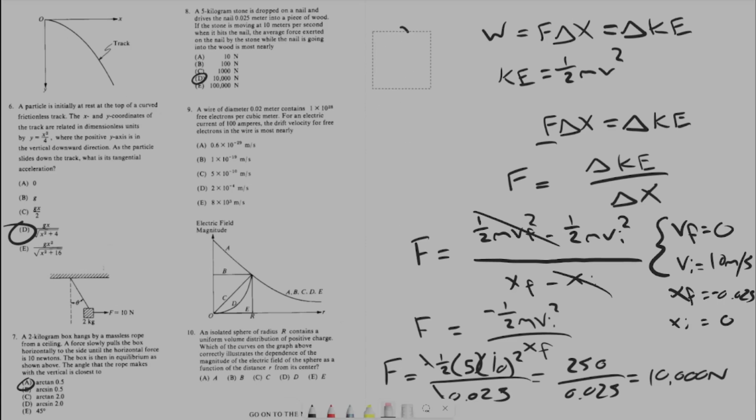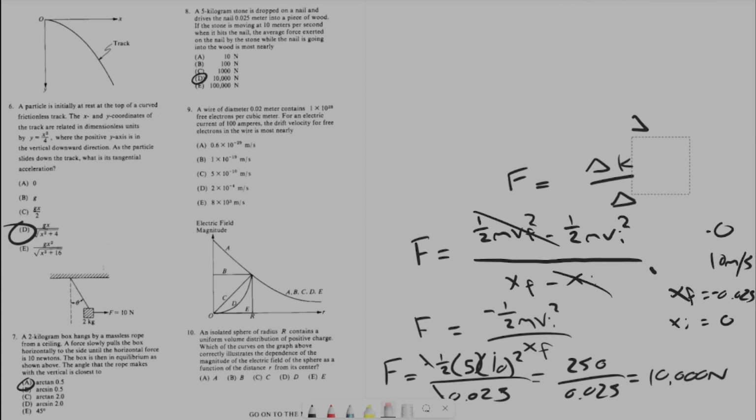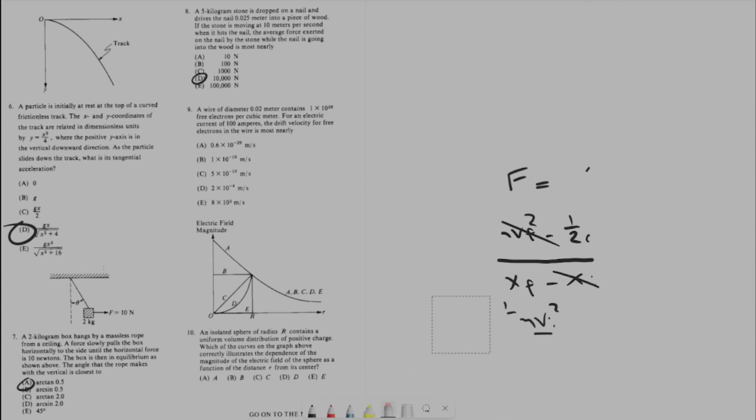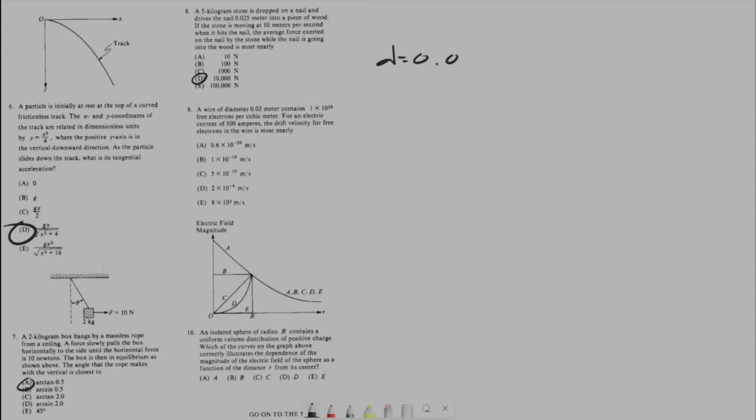Alrighty. Let's see. Oh yeah, this is a question where you need to know the equation. If you don't know this equation, good luck. So you have a wire with a diameter of 0.02 meters. Number of electrons, n is equal to, I'm just going to write 10 to the 28.